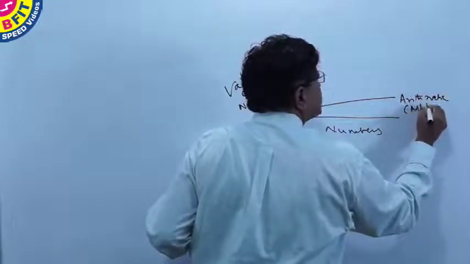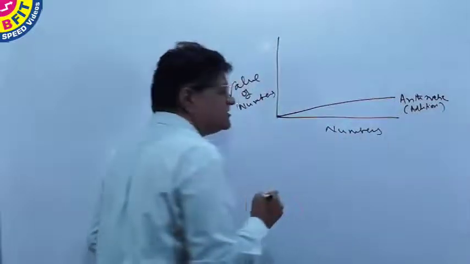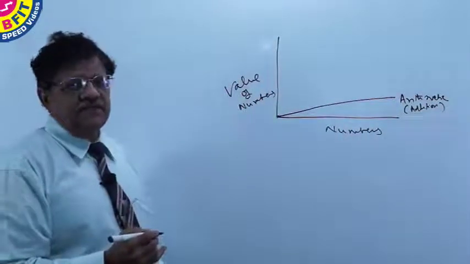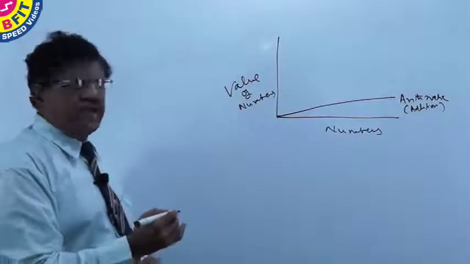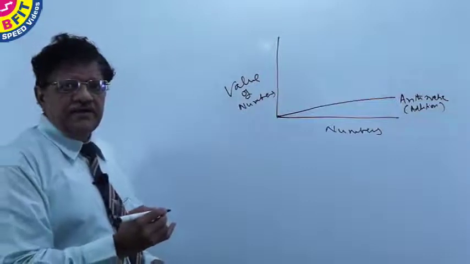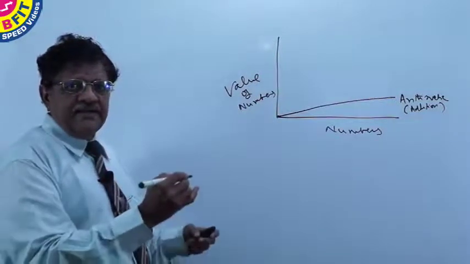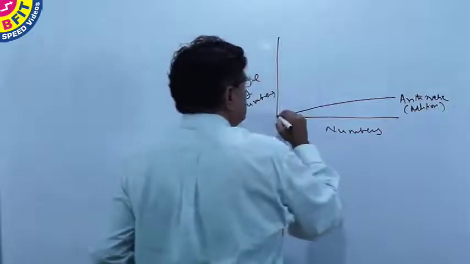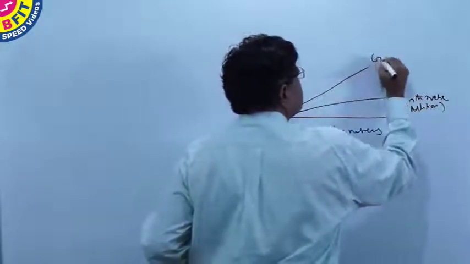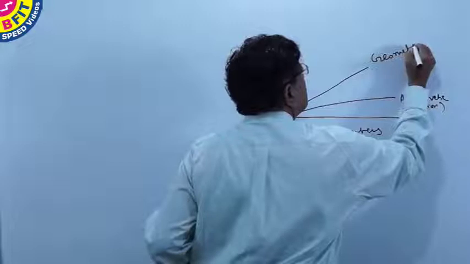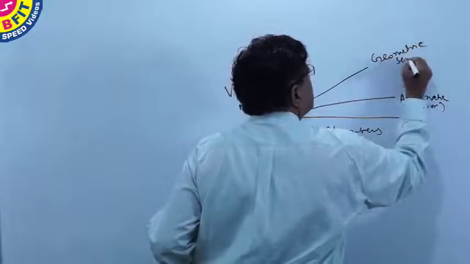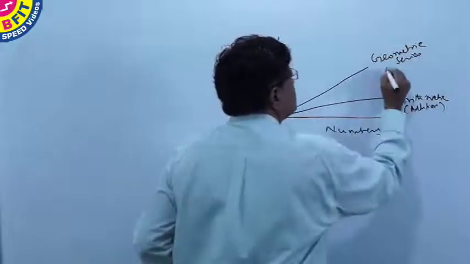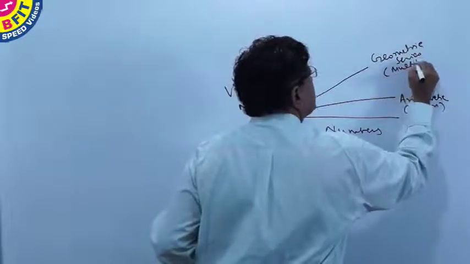It involves addition. Suppose it gallops a little faster, it grows faster, 8, 20, 40, 80, then it involves some geometric series, which involves multiplication.